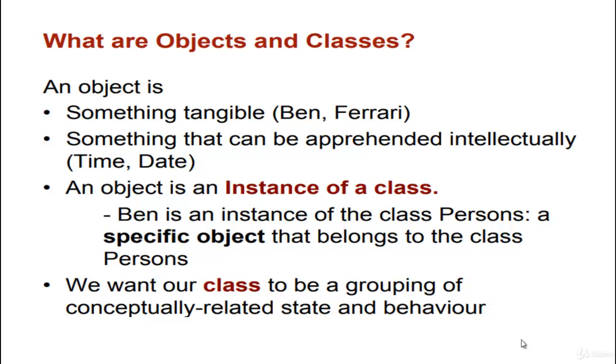Always keep in mind that an object is an instance of a class. So if Ben is a person, or Tendulkar, Ricky Ponting, so Ben Stokes, if you say Ben is an instance of the class persons. If you elaborate it more, it's a specific object that belongs to the class persons.